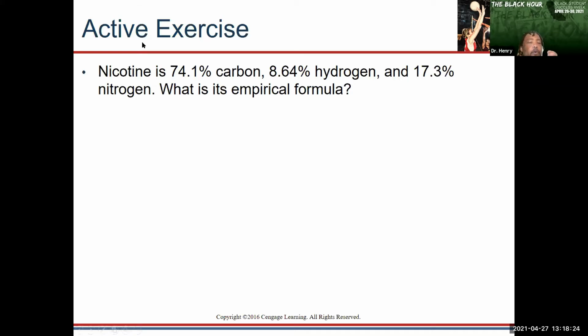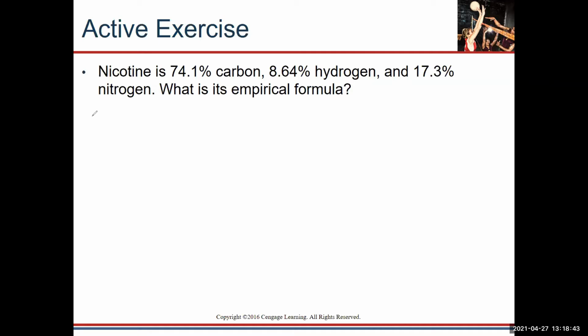So we know that we have to do what first, and what can we assume if we have 74.1% carbon, 8.64% hydrogen, and 17.3% nitrogen? How can I get this done? The majority is going to be carbon, and all of it together makes up our nicotine.